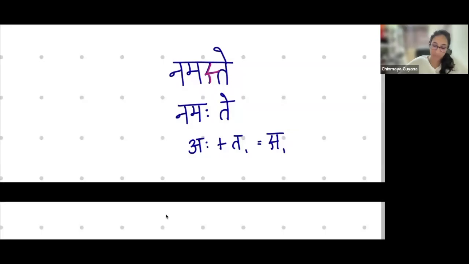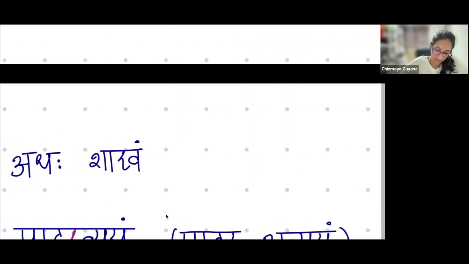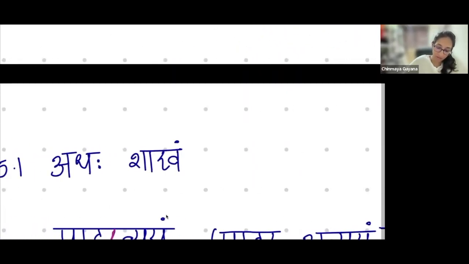I'm going to do one more. See this one at the top. Adha shakham. Adha shakham. So you have here a case of, I'm saying the sandhi has already been made. So then why is there a visarga?